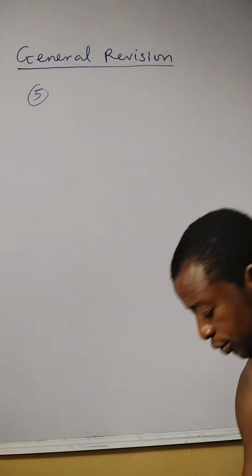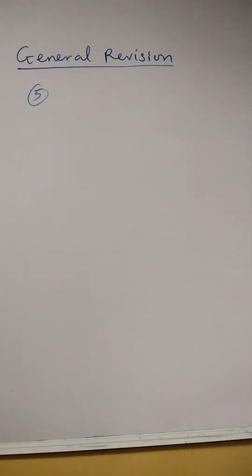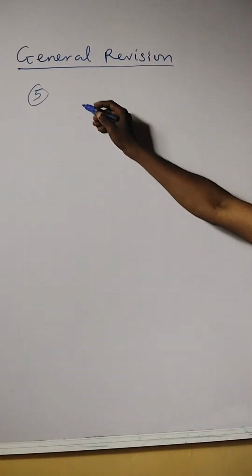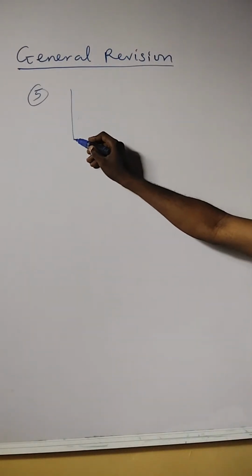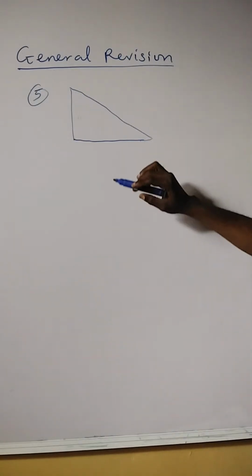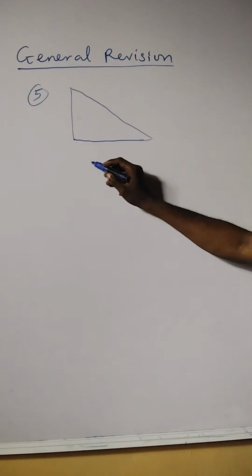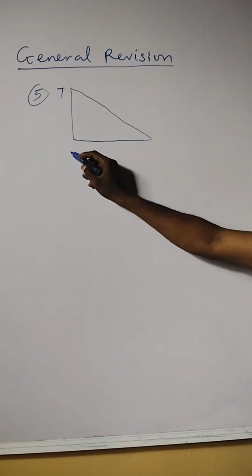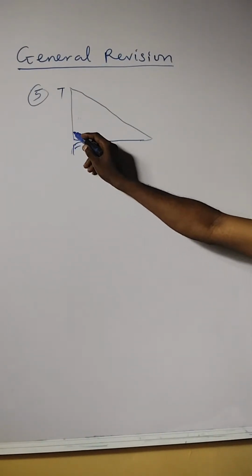We have a right angle triangle here, and it says in the diagram, the height of the flagpole. So let's consider this diagram. It's an interesting trigonometric question. So we have T, we have F. This is the right angle.